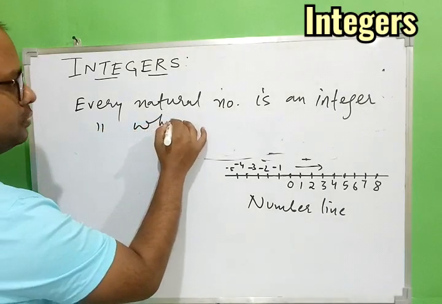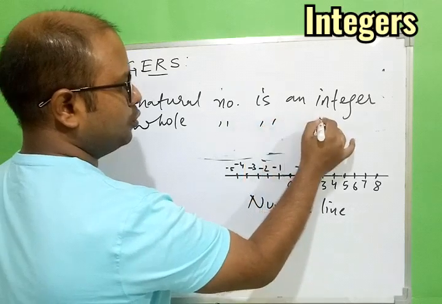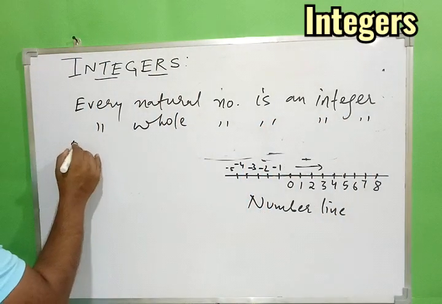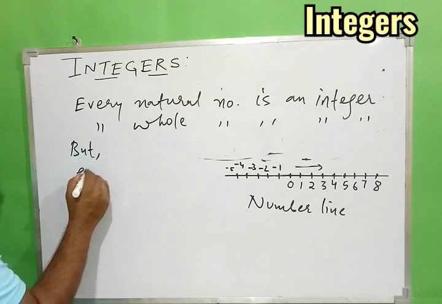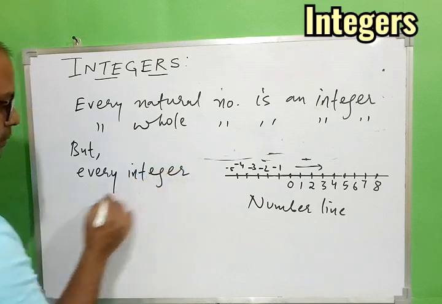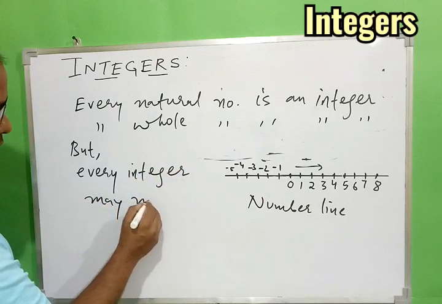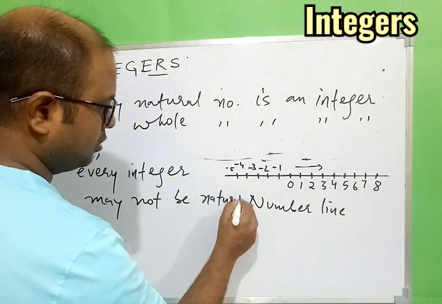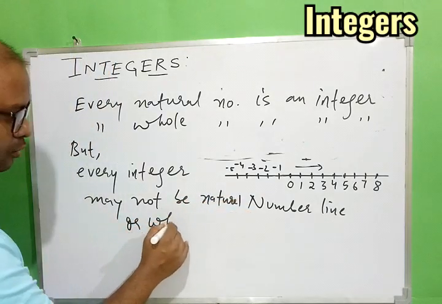Every whole number is also an integer, no doubt. Yes or no? But every integer may not be a natural or whole number. That is also possible.